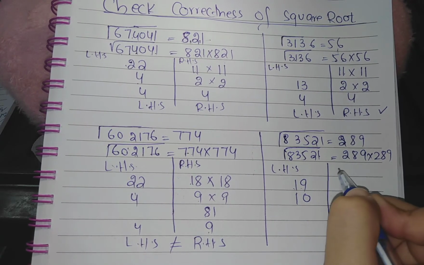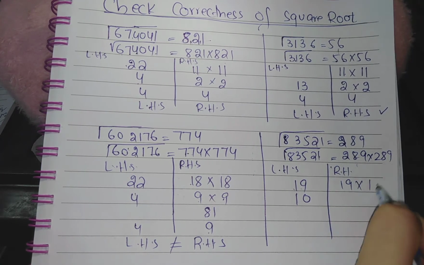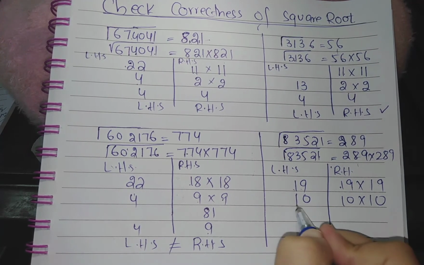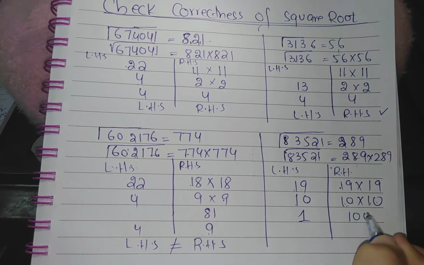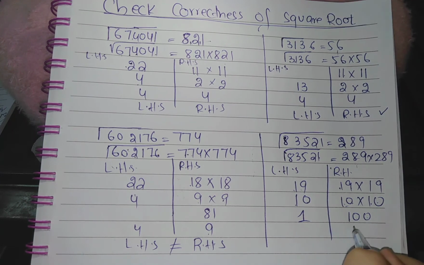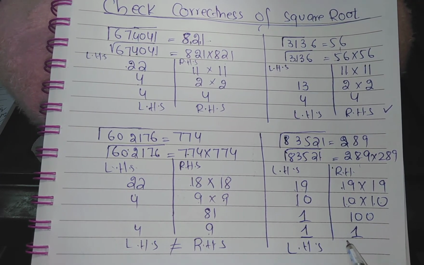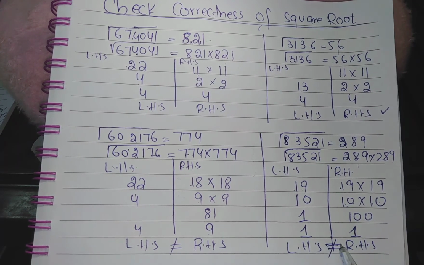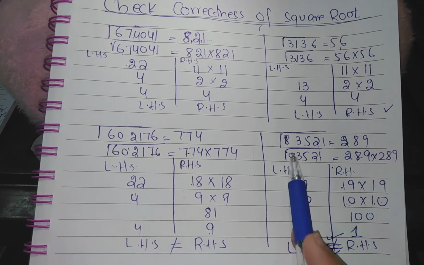So by considering the right hand side, 8 to 10 and 9 is 19 into 19, 9 plus 1 is 10 into 10. So 1 plus 0 is 1, 10 into 10 is 100. 1 plus 0 is 1. So left hand side is 1 and right hand side is 1. So both are equal. So this is the exact answer of this question.